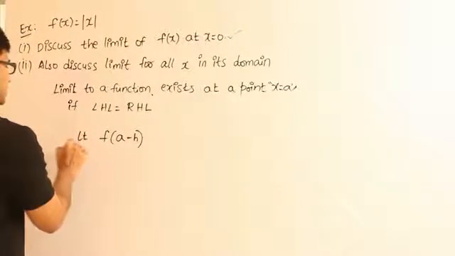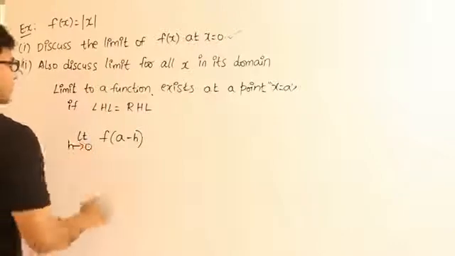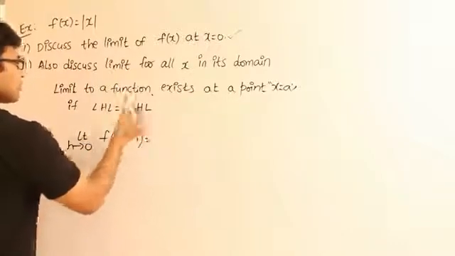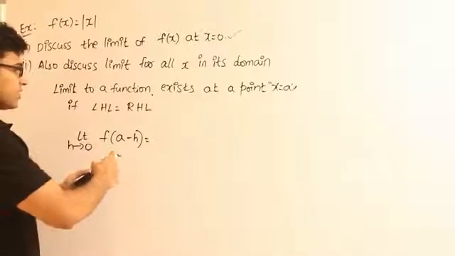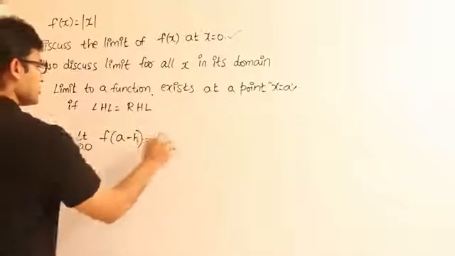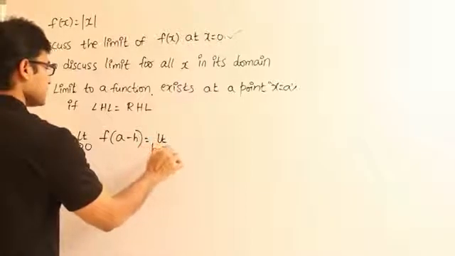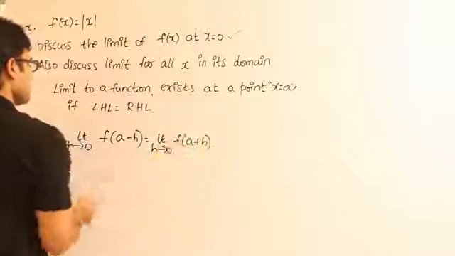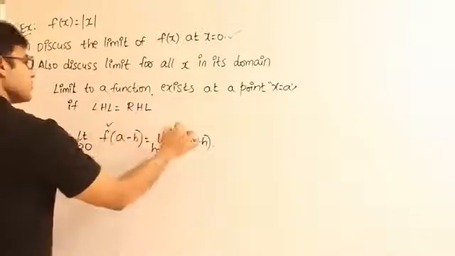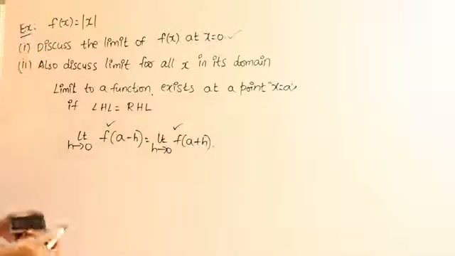Limit h tends to 0 f of a minus h. This is the left hand limit. Now what is the right hand limit? We have to talk about the value of the function to the right of it, which means limit h tends to 0 f of a plus h, right? Now whenever this value becomes equal to this value, then we can say that the limit exists.